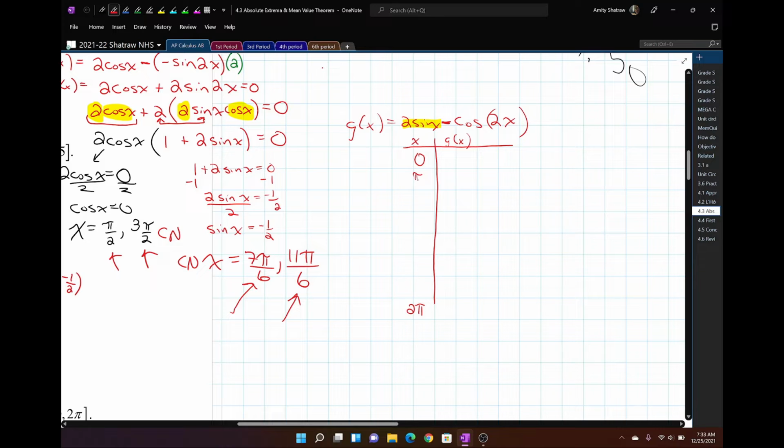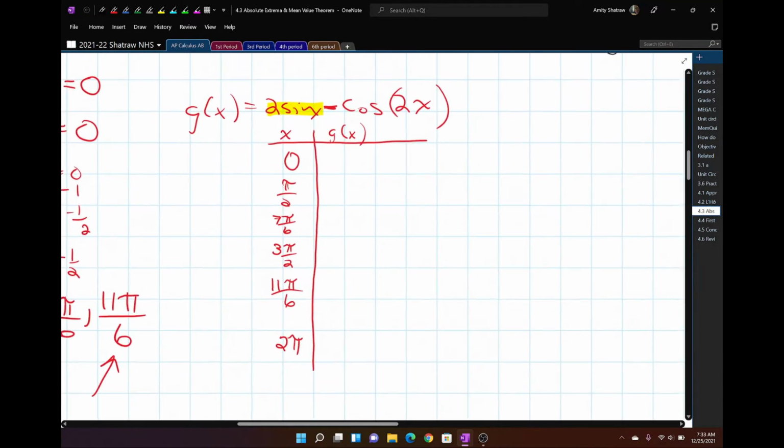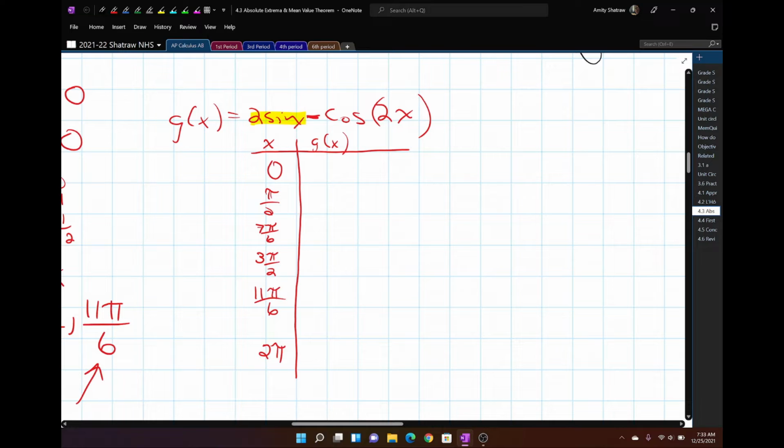So I've got the pi over 2, I have the 7 pi over 6, and the 3 pi over 2, and the 11 pi over 6, and then here I'll put the 2 pi. And so I've written my function right here, 2 sine of x minus cosine of 2x.